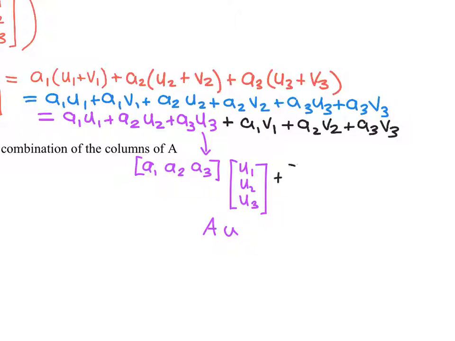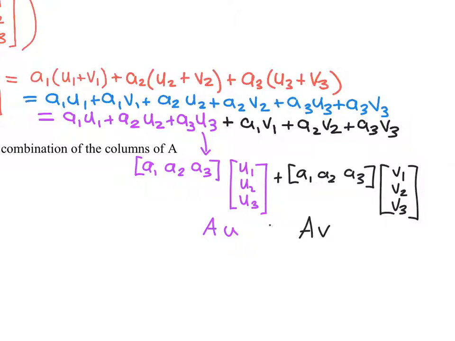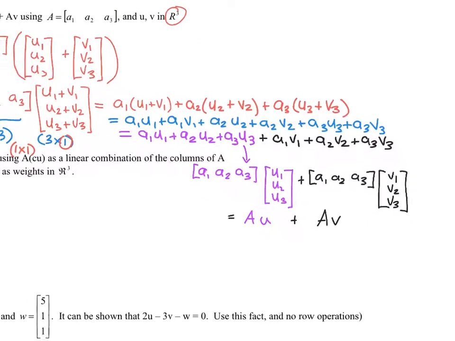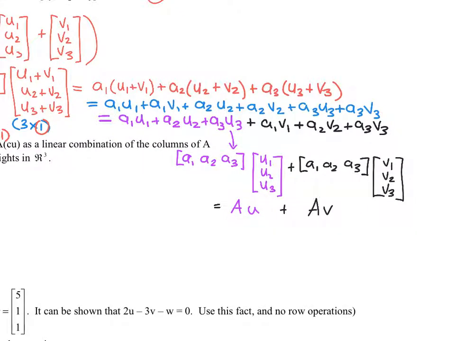And then A1, A2, A3 multiplied by V1, V2, V3, which is ultimately the same thing as A times V. And there's our proof. And again, easier ways, sure.